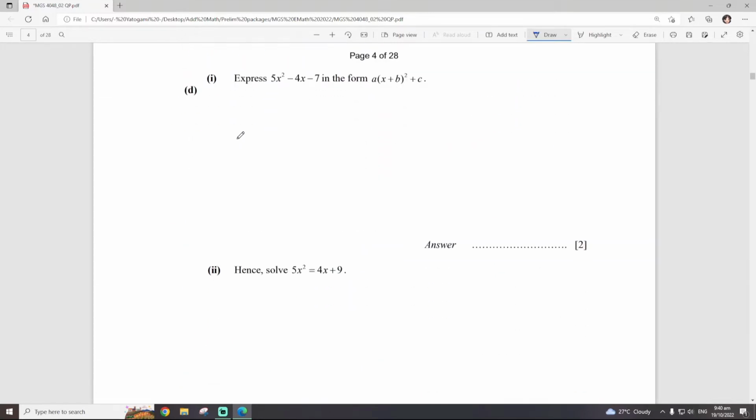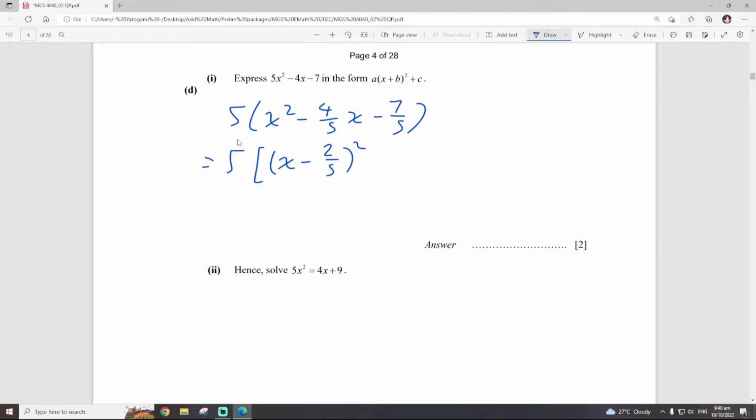Express this quadratic in this form. Okay, so when we want to complete the square, we always want to take out the 5 first, so that we get x squared minus 4 over 5x minus 7 over 5. And then we'll express this in the completed square form, so x minus 2 over 5 squared.